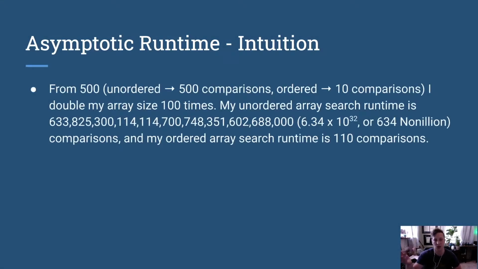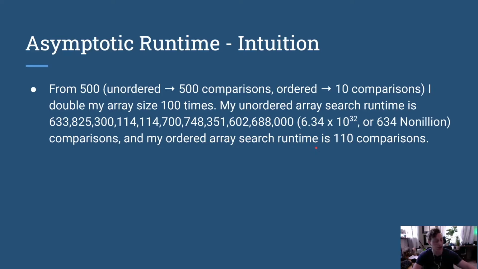So let's say that I start off with an array of 500 people, and I double my array 100 times. If I double my array 100 times, I now have this enormous number of elements in my array. Okay? And that's how many checks I have to do for my unordered array. However, my phone book search only has to do 110 checks.